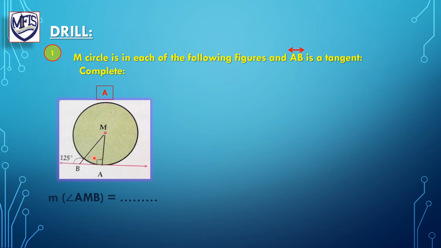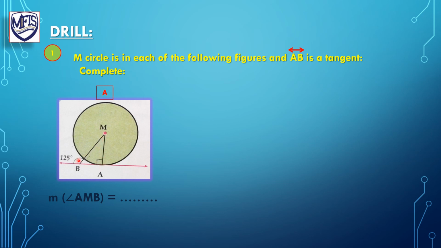Okay. I want to find the measure of angle AMB. Now, I said before, any tangent is perpendicular to the radius from the point of tangency. Therefore, measure of angle A equals 90. Now, I have an exterior angle with measure 125. This is the exterior angle of the triangle MAB.